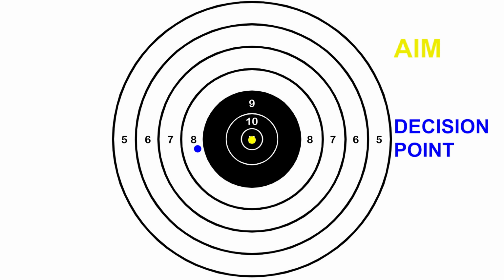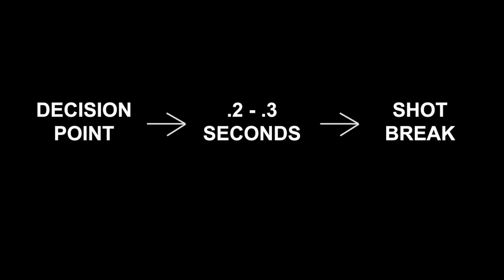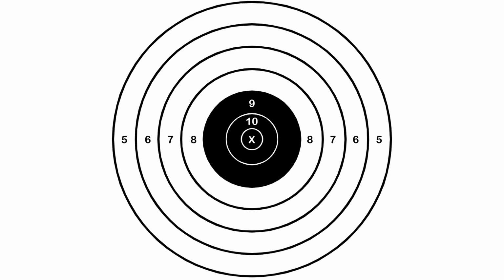Once we've reached that decision point with our hold, now we have to get the rifle to fire. A study on shooter reaction time shows that, on average, it takes between 0.2 and 0.3 seconds from deciding to fire the shot to the gun actually going off. Further rifle movement takes place during this period as the hold is continuing to shift and pressure on the trigger will disturb the rifle.